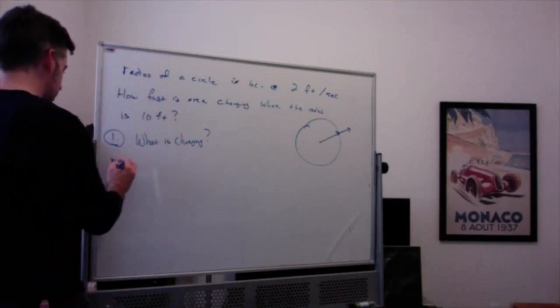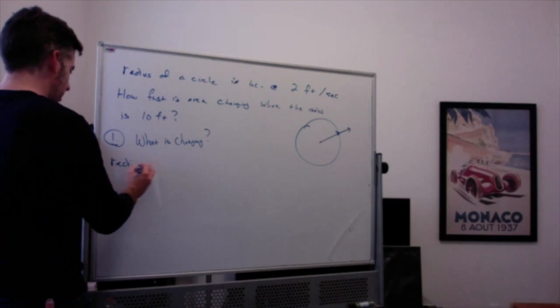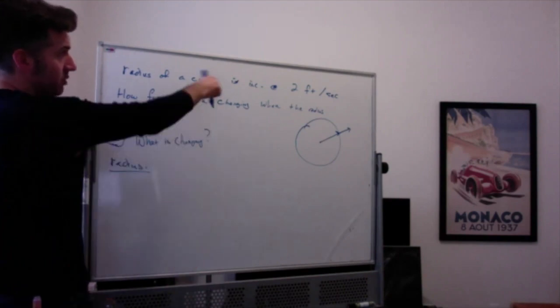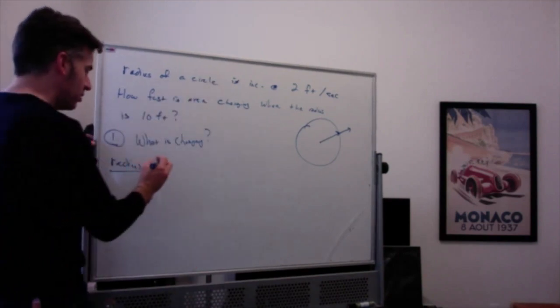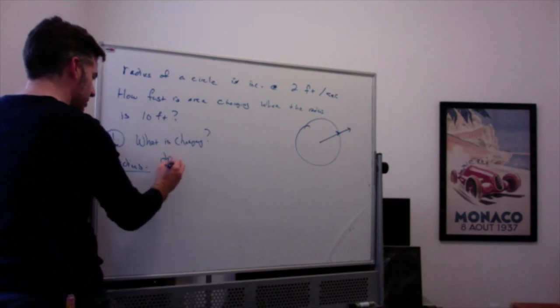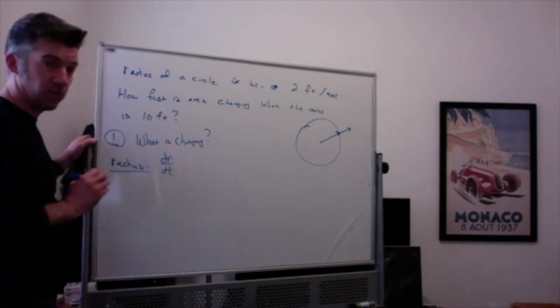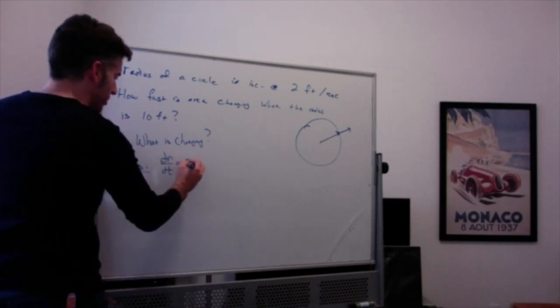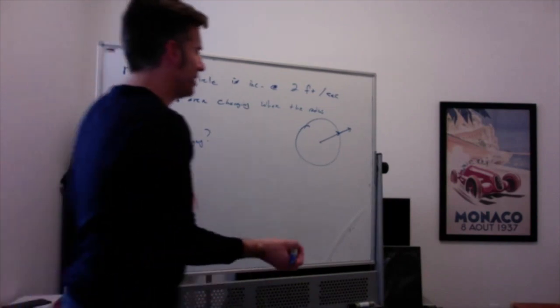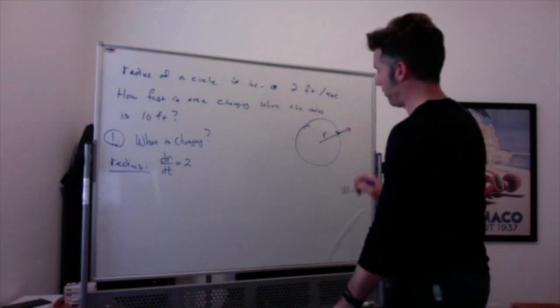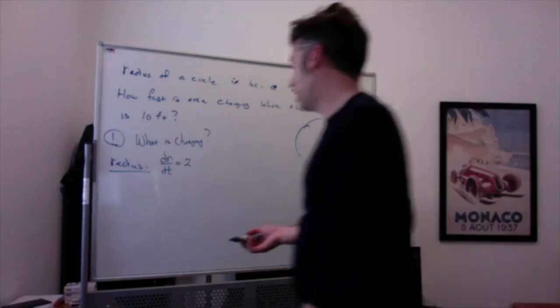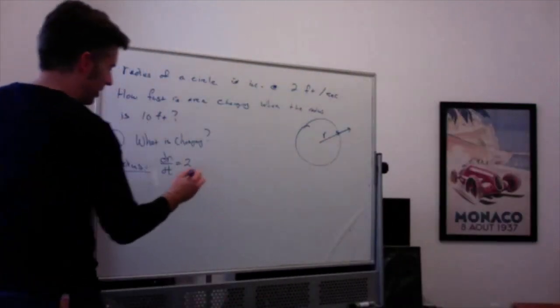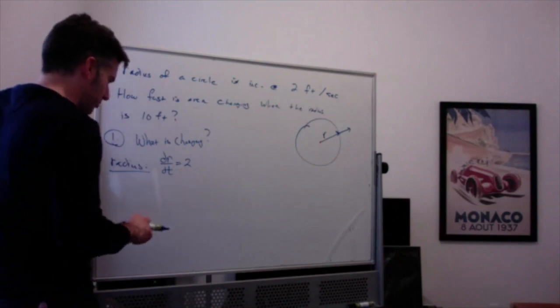So the radius is changing, and I know how the radius is changing. It's increasing at 2 feet per second. So I'm going to write dr/dt, the rate of change of the radius with respect to time, is equal to 2. And I could write r here for radius. And you can write the units. I don't always write the units, but sometimes I do.